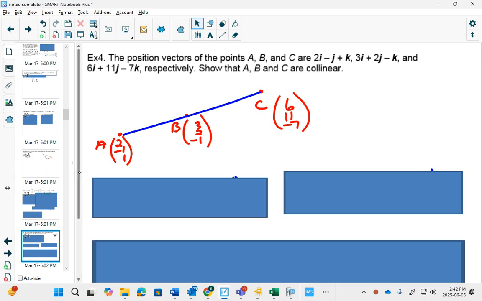If you found the distance from A to B and the distance from B to C, if they were in a perfect straight line, it would have to add up to the distance from A to C. Okay? That's one strategy. You could find the direction of A to B, and if it was parallel to the direction of B to C, they would have to be in a straight line, because as soon as they weren't parallel, it wouldn't be in a straight line.